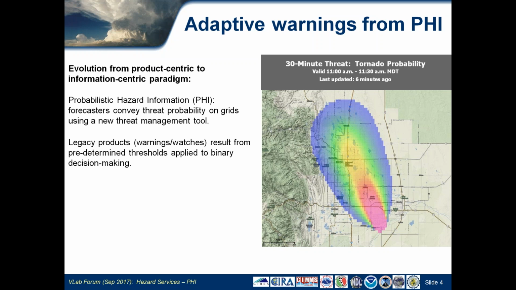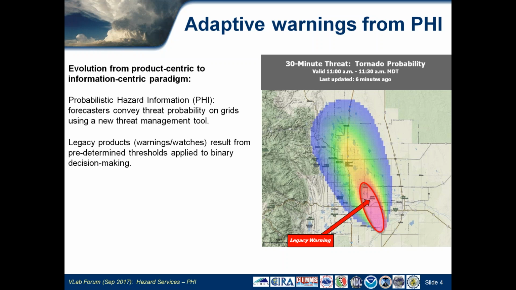And legacy products can result from predetermined thresholds applied to binary decision making. So it could be such that the legacy products are derived from a probabilistic threshold, as is seen in this case here, or they may be derived from the grid based on a lead time or duration threshold.